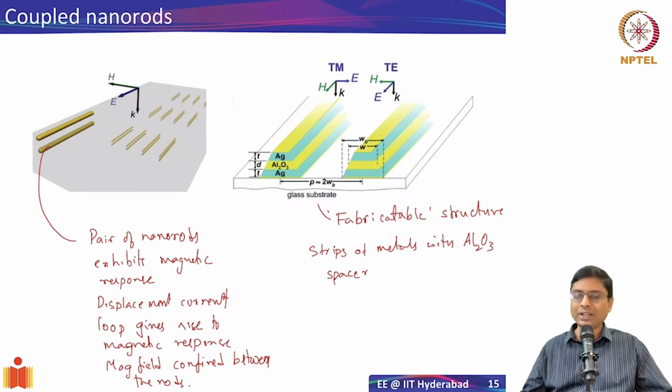When you have such a scenario and your magnetic field is along the strip, then you will have a circulating current. Your circulating current will go between these metals like this, and you will have a strong confinement of magnetic field in the gap.